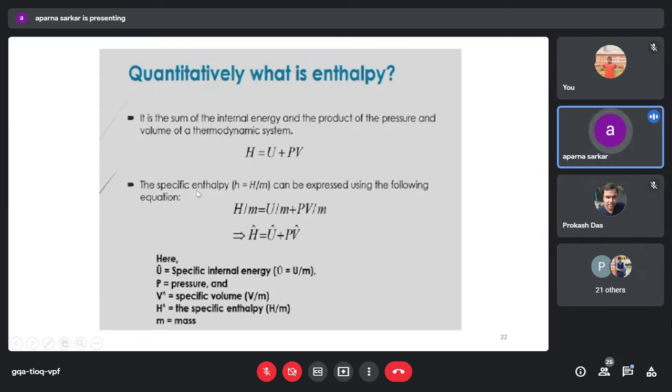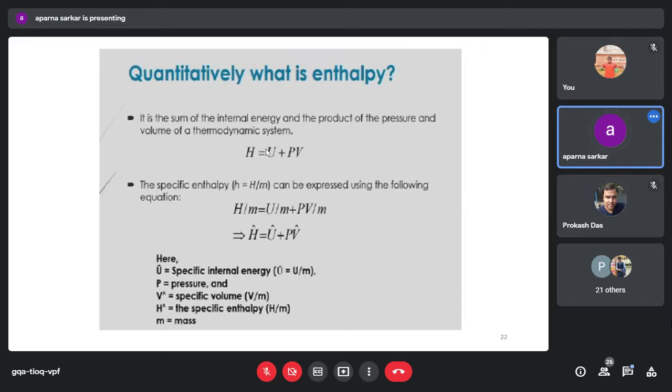Now what is specific enthalpy? If you divide all the terms by mass, it will give us the value of specific enthalpy. H by m means specific enthalpy. U by m is specific internal energy.